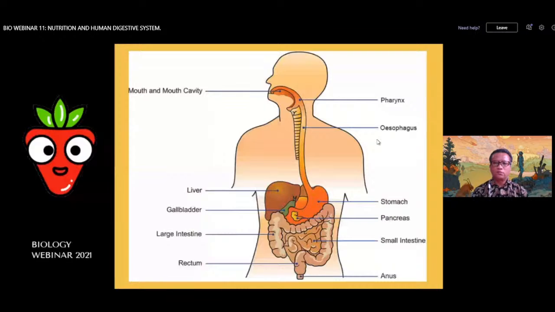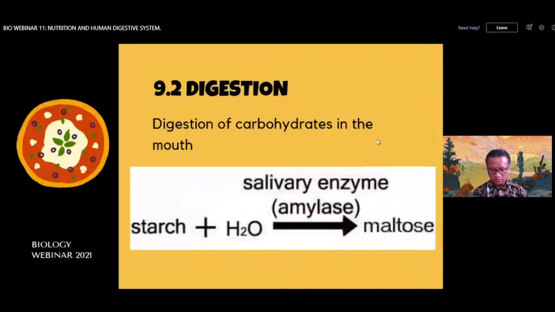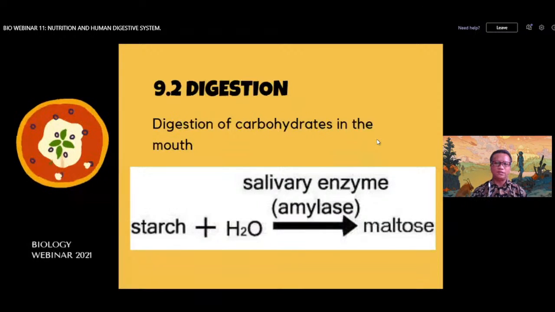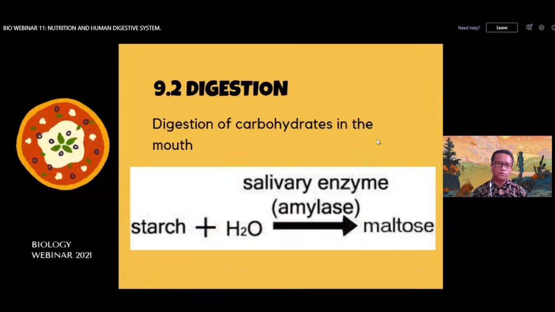To make things easier, we will only focus on three types of food, which are carbohydrate, protein, and lipid. Most of the food that goes into our mouth contains a high amount of carbohydrates. So this is where the food will start to be digested, or we also use the term hydrolyzed.